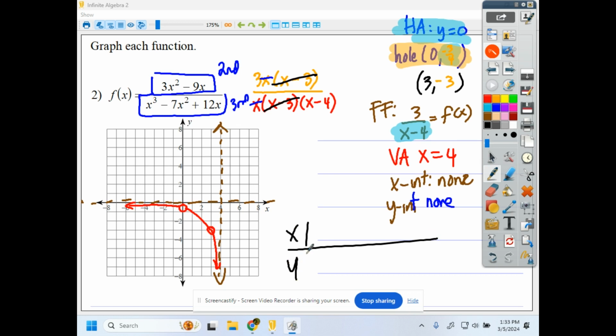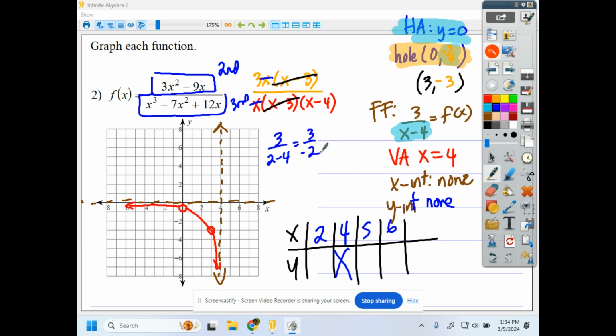Okay? And then for the right side, if you don't like to do it that way, you can draw a table, x, y. So you know the vertical asymptote there is 4. If I pick one number on the left, let's pick 2 there, and then let's pick 5 and 6, so there should be nothing in between. You're going to plug f of 2 into the factored form, so 3 over 2 minus 4. That will give you 3 over negative 2, or negative 3 halves, or negative 1.5.